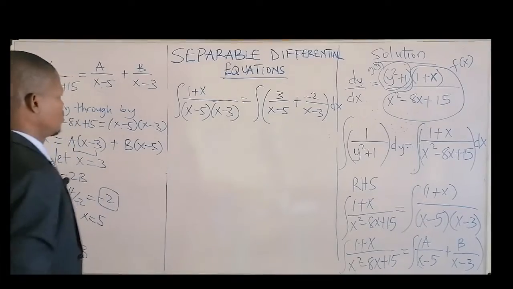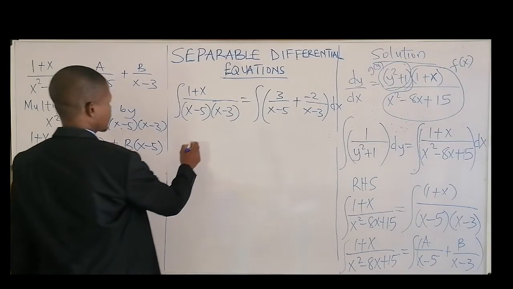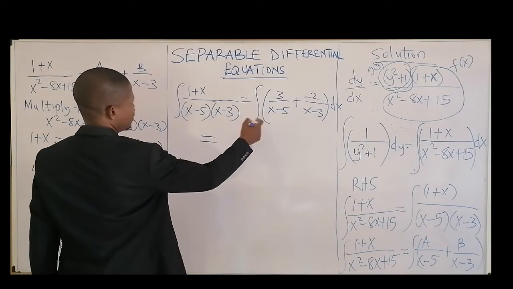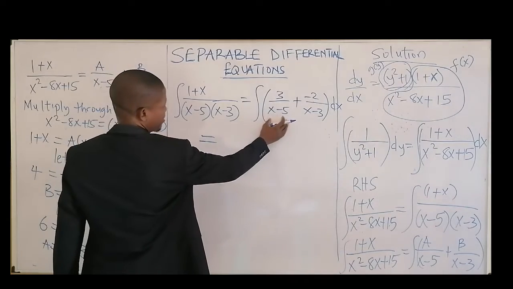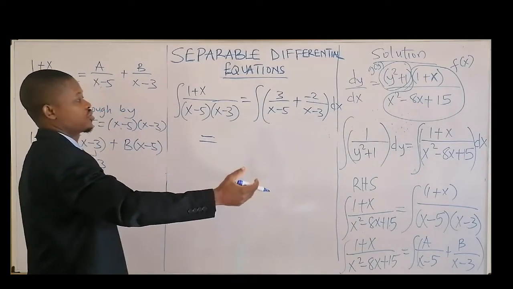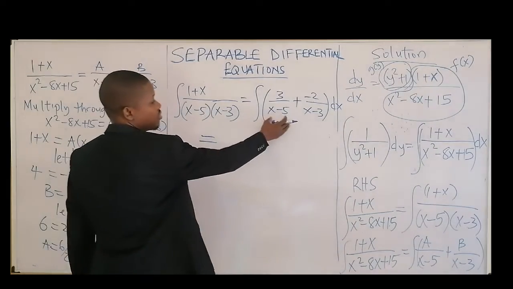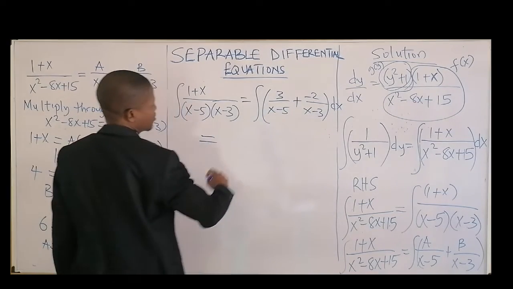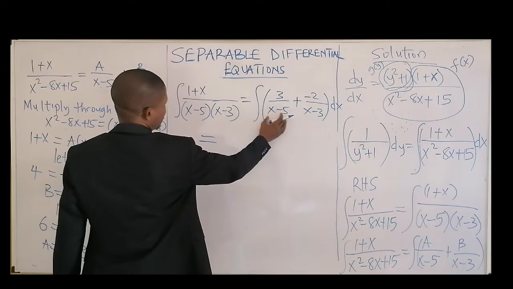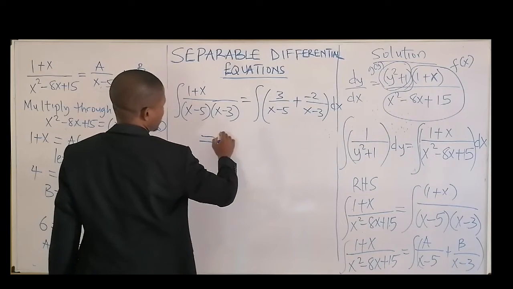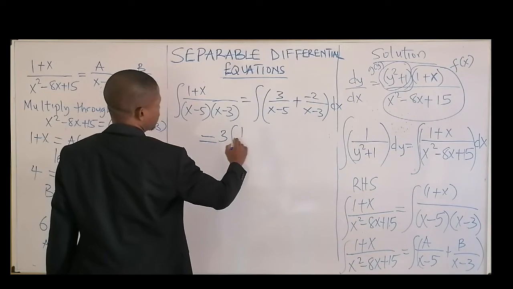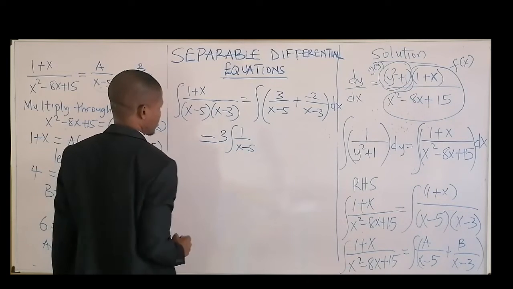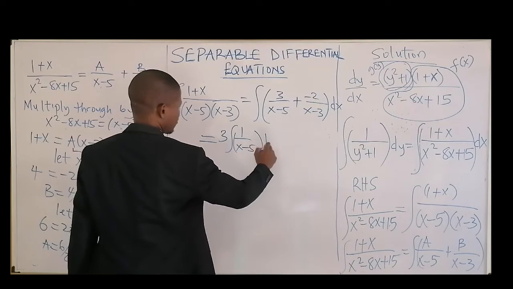Okay, so if you do that, that will give me the integral of this. Now when you have the integral of a sum of functions, it will be the integral of each of those functions. It will be the integral of this, the integral of this, and this one will be what? You can take this 3 outside, that will be 3 times the integral of 1 over x minus 5 dx.